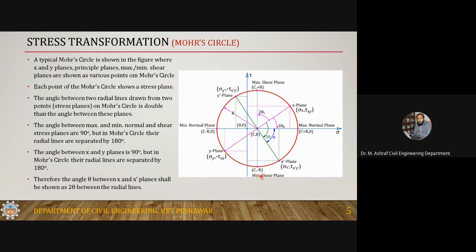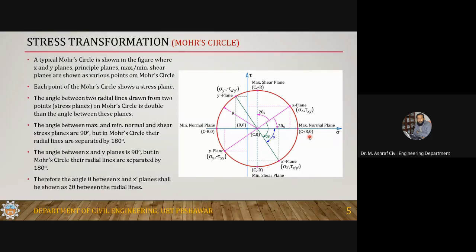Here you can see one thing more. Here the shear component is 0. At this point the coordinate is (x, 0), because on the sigma axis there is no tau coordinate. On the x-axis the y is always 0. If you are moving along this axis, you will get a certain value of x, but y will always be 0.